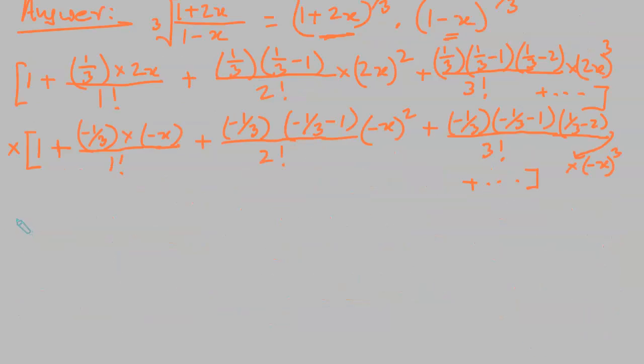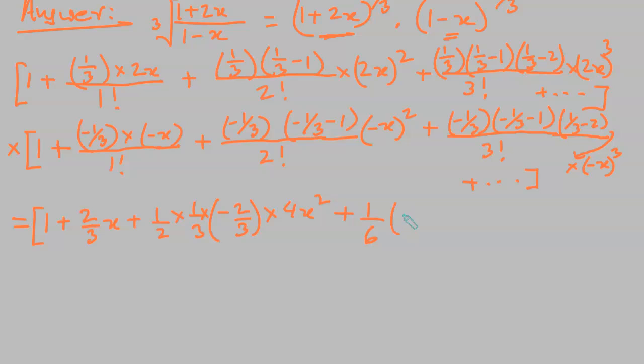So this is equal to, now we simplify, 1 plus, this is 2 over 3x, this one is 1/3, okay, let me write them, half times 1/3, and 1/3 minus 3 over 3 is minus 2 over 3, times minus 2 over 3, times 2x whole square is 4x squared, plus 1 over 3 factorial is 6.